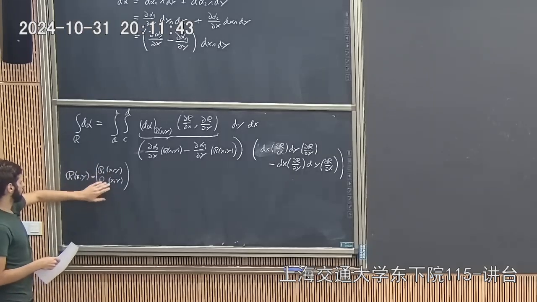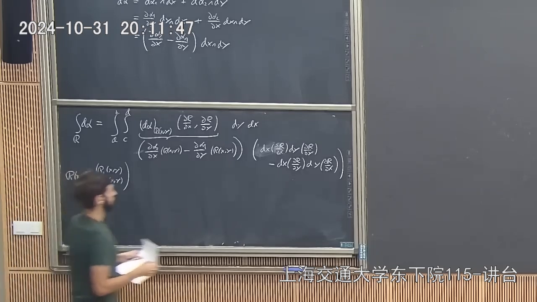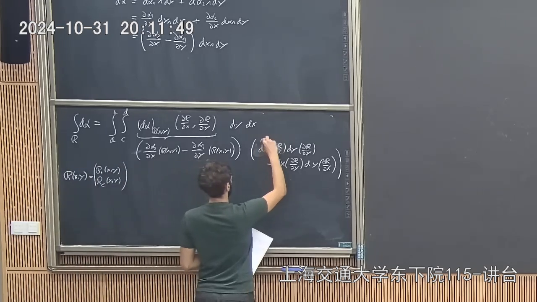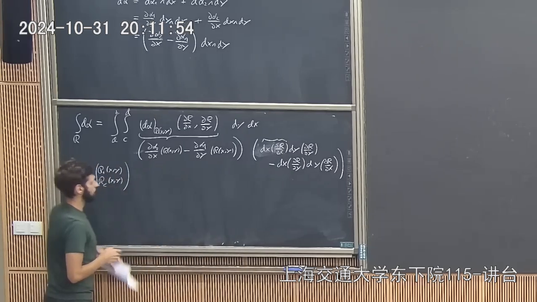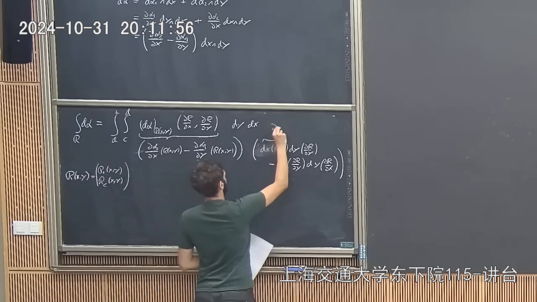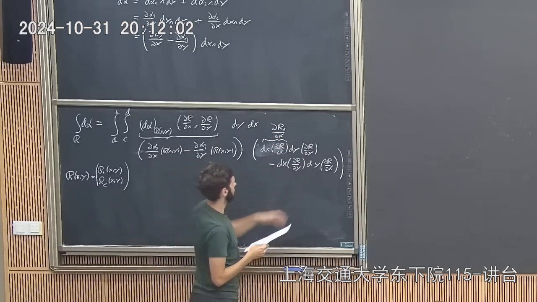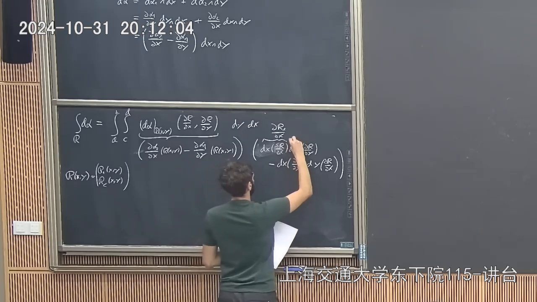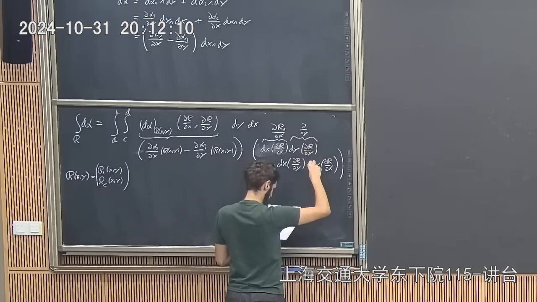We can always have component 1 and component 2 of that. And then we can calculate this expression, which would be just the first element, dR1 over dx. And similarly, this one would be dy of the second component.